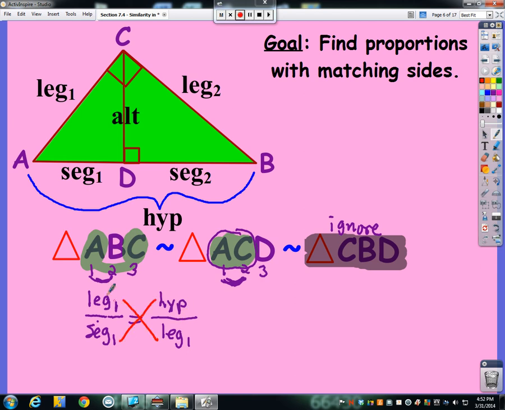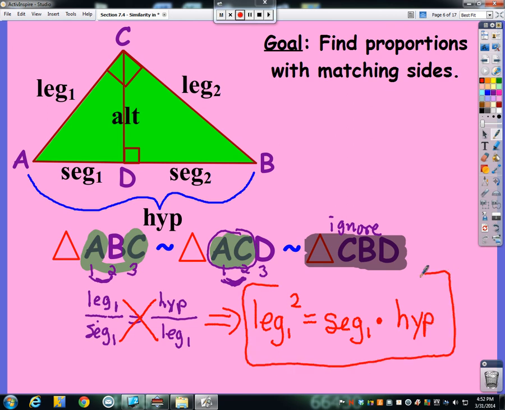So if I were to cross multiply, I'd have leg 1 times leg 1, which means I'm going to have leg 1 squared. Leg 1 times itself is shorthand for leg squared. And that's going to be equal to segment 1 times the whole hypotenuse. This is one formula, one of two, that we're going to be discovering here.